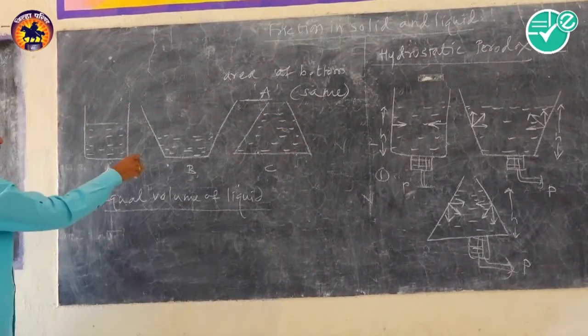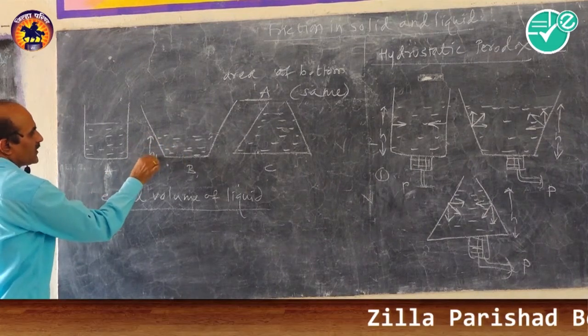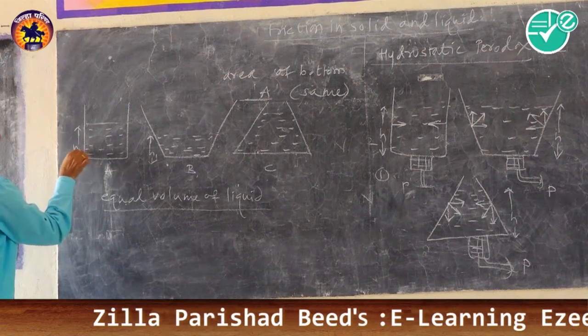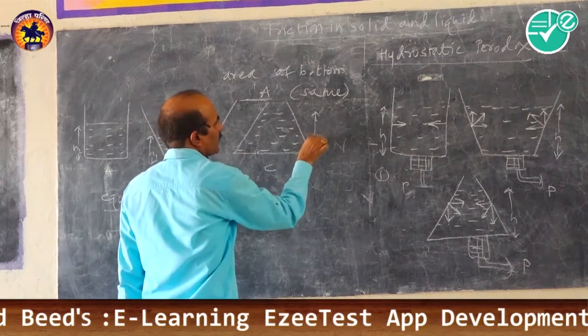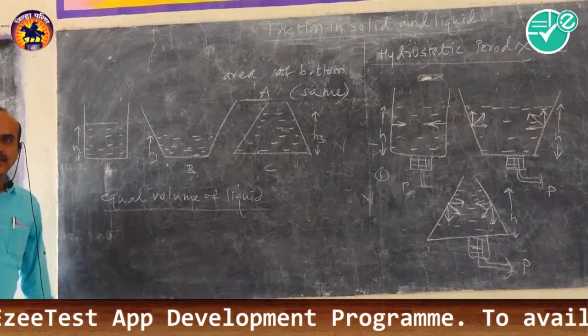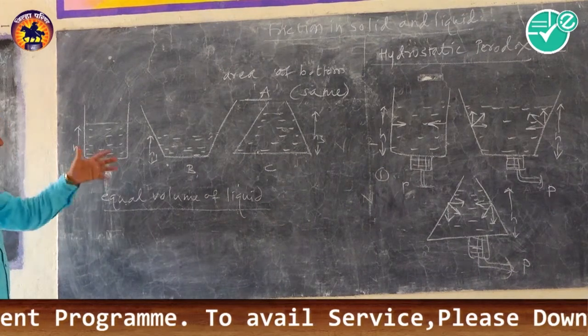So the height in B is smaller. Suppose that H1 is the height in B, H2 is the height in the second, and H3 is the height in here. You can see that an equal volume of liquid is filled in it, and therefore what about the pressure?